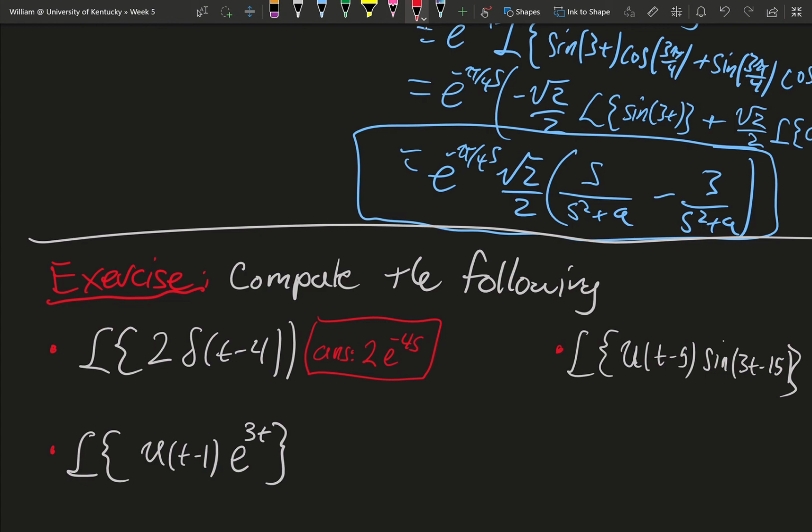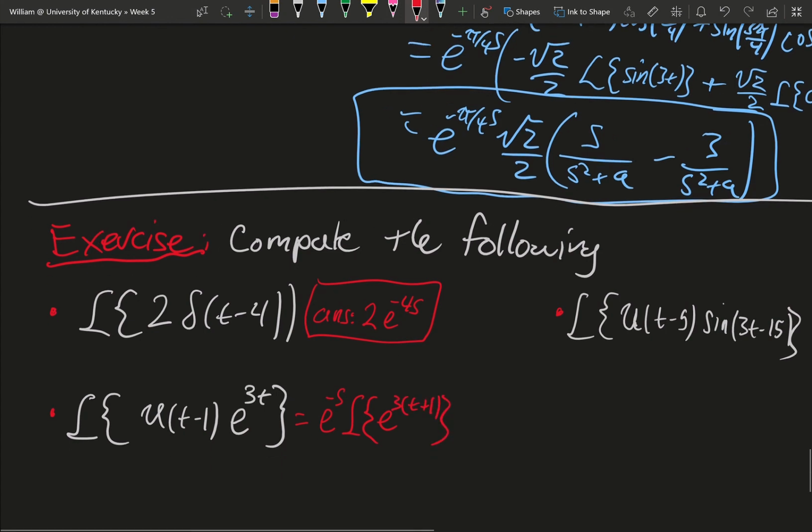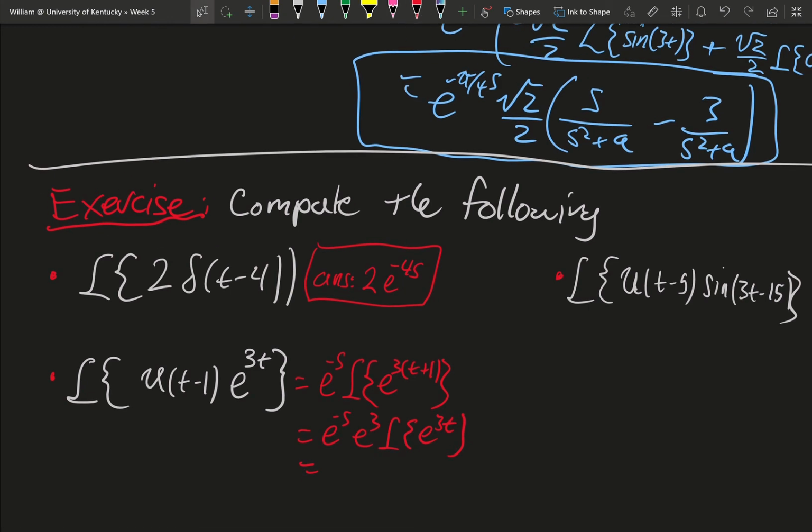For this one, note it's going to be equal to e to the negative s times the Laplace transform of e to the 3t plus 1. e to the 3 is just a constant, so we can pull that out. And if we simplify and expand, we get e to the 3 minus s over s minus 3.